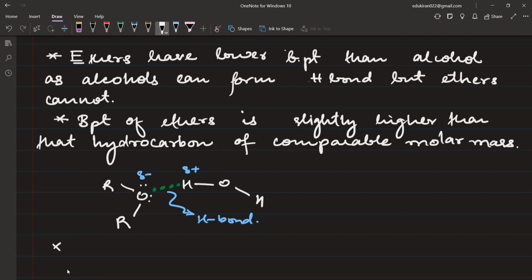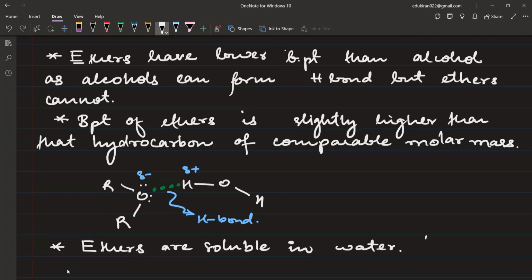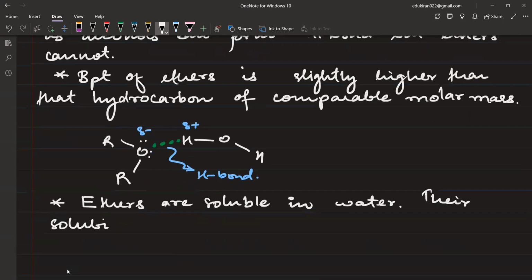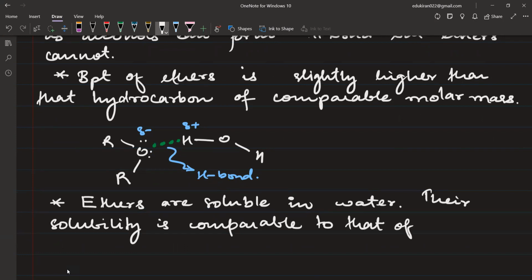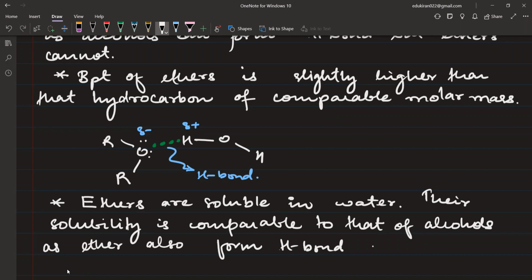You'll write next. Ethers are soluble in water. Their solubility is comparable to that of alcohols, as ethers also form hydrogen bond with water.